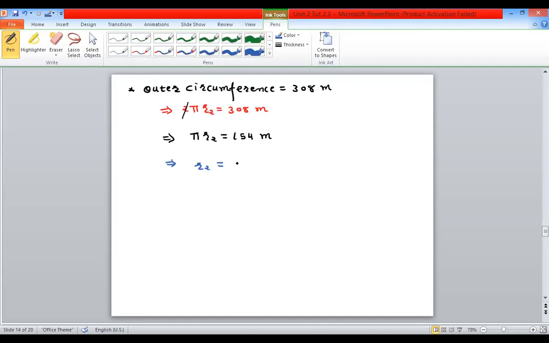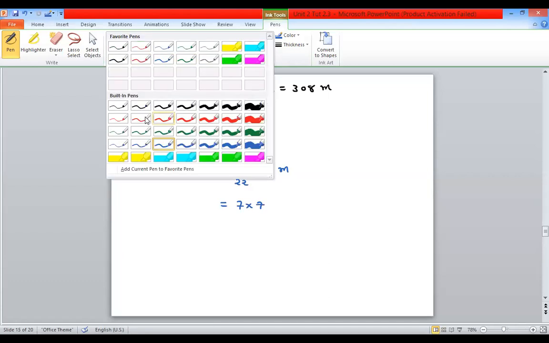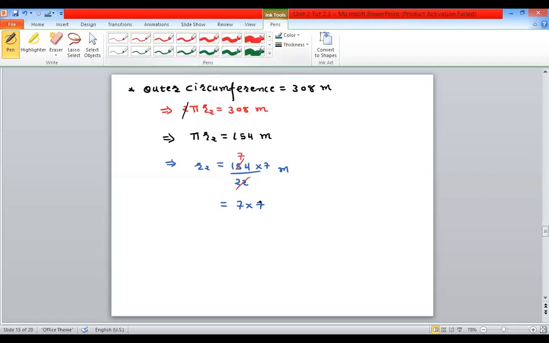R2 is equal to 154 divided by 22 by 7. It's 7, and 7 into 7 is 49 meters. So your radius R2 is 49 meters.